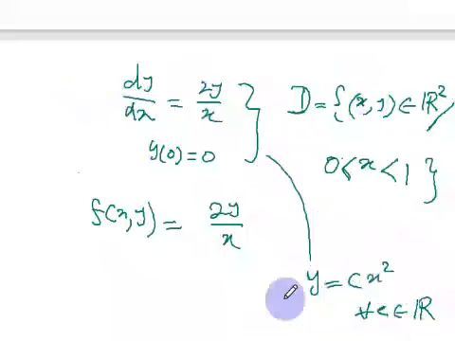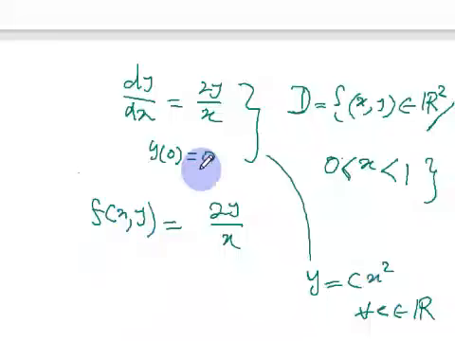You can verify that, or you can separate variables and integrate, then you get this solution. Here you have infinitely many solutions because c can be any real number. Therefore this system has infinitely many solutions.